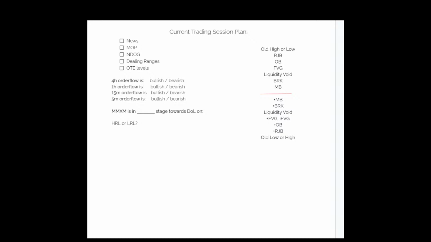All right. What else do we notice here? In this dealing range, we're at the bottom of the dealing range. I'm going to focus on this one, because I'm mostly focused on very short-term trading, so even this might be a lot. But we do have a bearish order block over here.